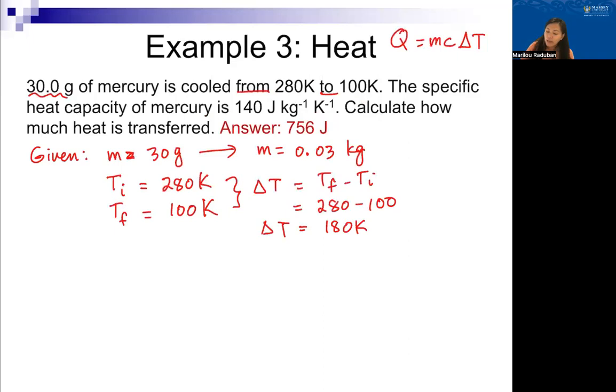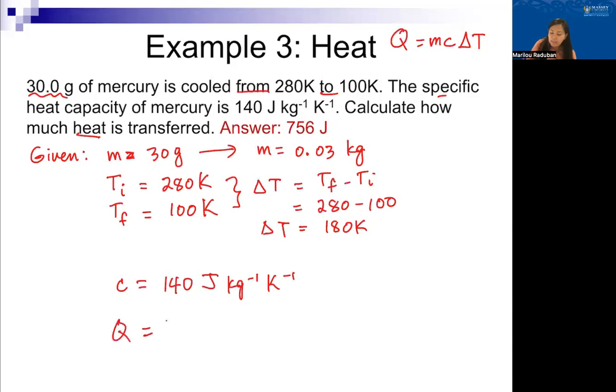Okay, and then you have the specific heat that's given. C is equal to 140 joules per kilogram per Kelvin. Okay, and you're wanting to find the heat.